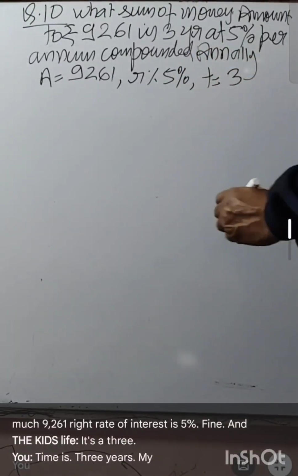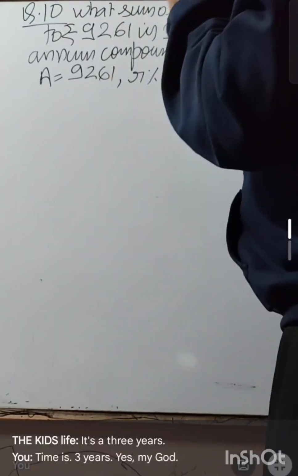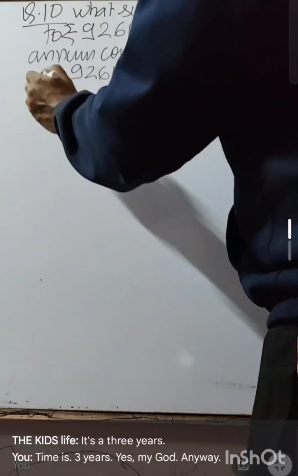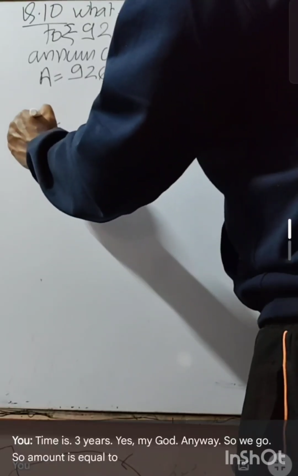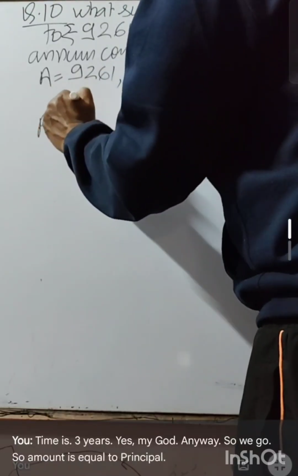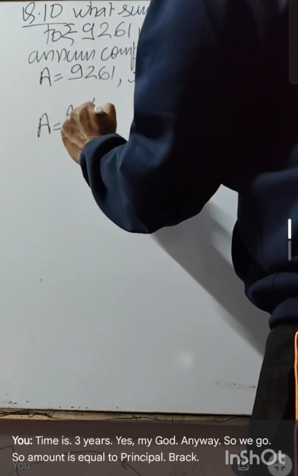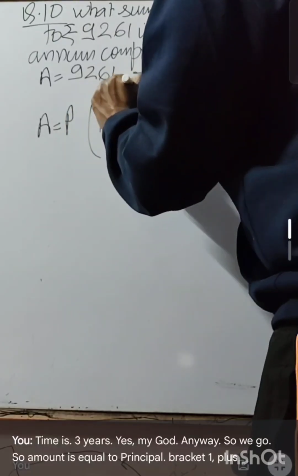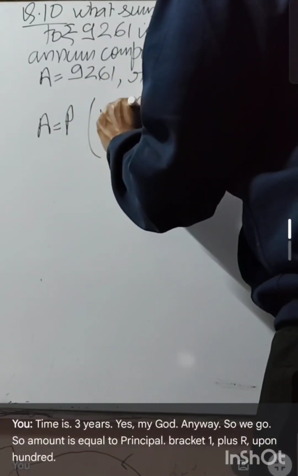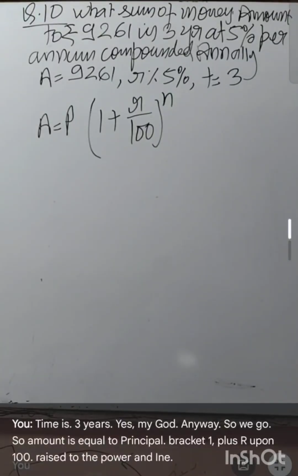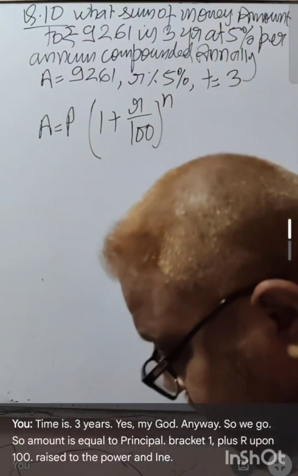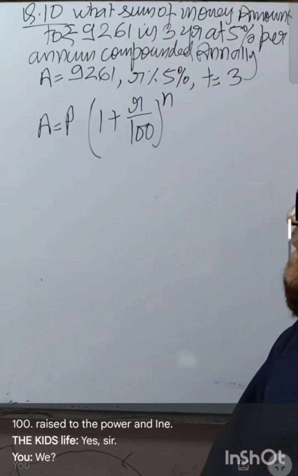So amount is equal to principal bracket 1 plus r upon 100 raised to the power n. Fine. Do you understand this?